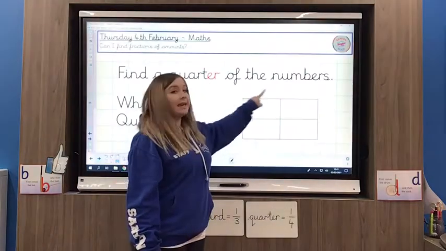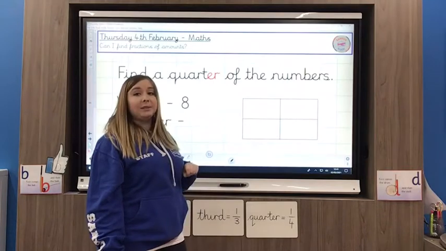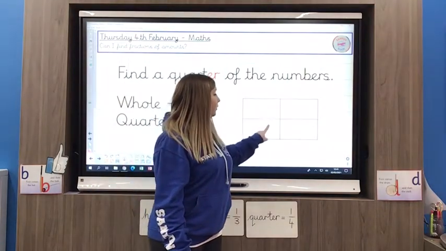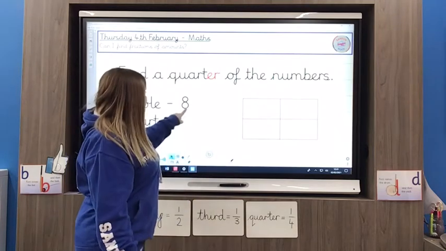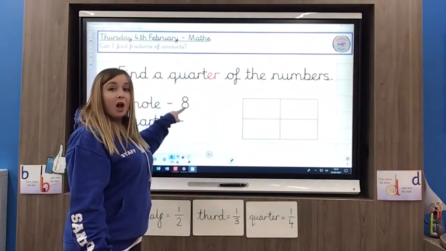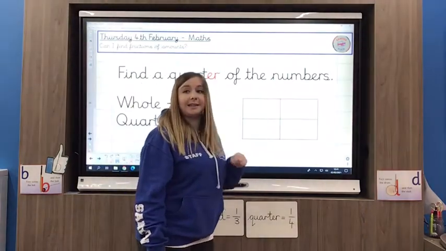And you'll notice here that I've got my whole and I've split it into 1, 2, 3, 4 equal pieces. But we're working with numbers, remember, so the whole is 8. So all together in here there would be 8.